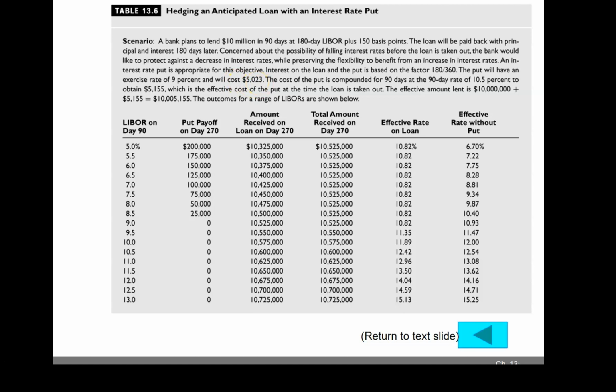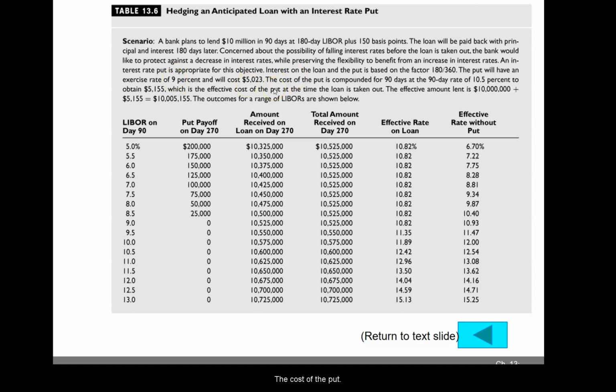So to achieve the desired objective of the bank, it needs to buy an interest rate put option at a cost of $5,023 that gives it the right to lend at 9% effectively.